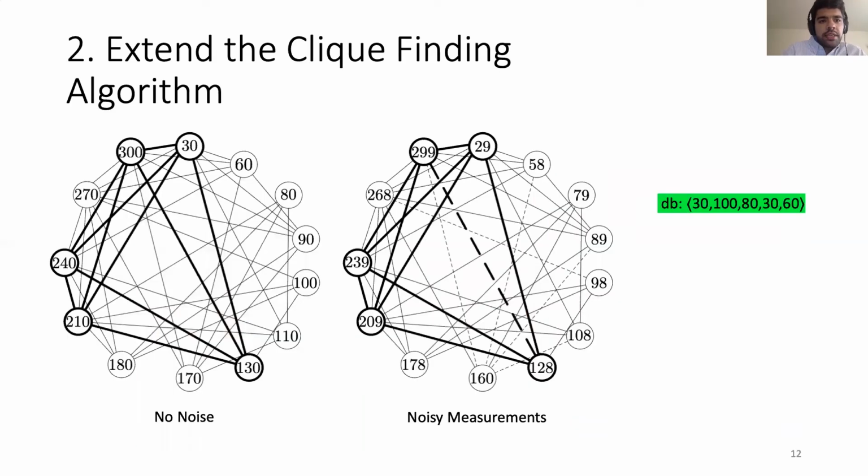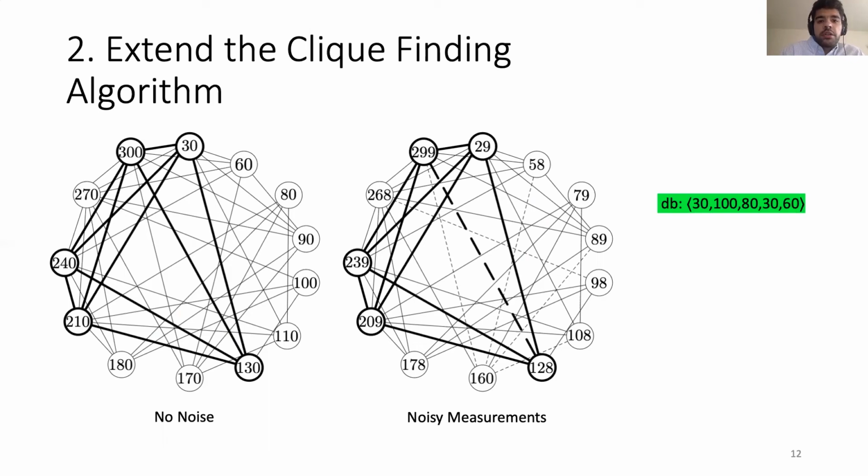So how do we extend the clique-finding algorithm? Look at the database on the right-hand side. It has a range of 5, so we are basically looking for a clique of size 5. The figure on the left-hand side shows the case where the volumes are perfect, so the clique of size 5 forms.